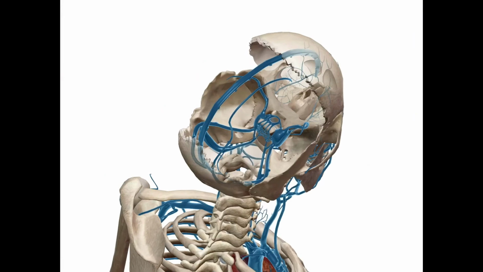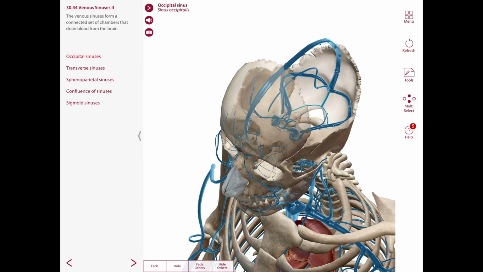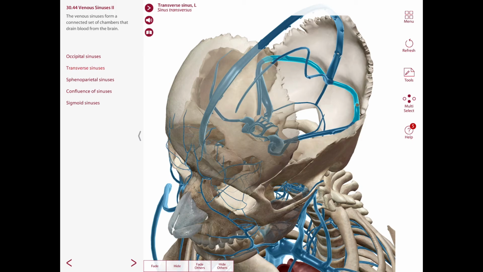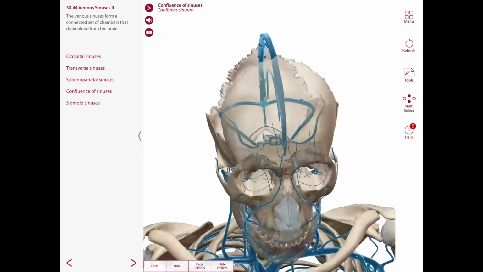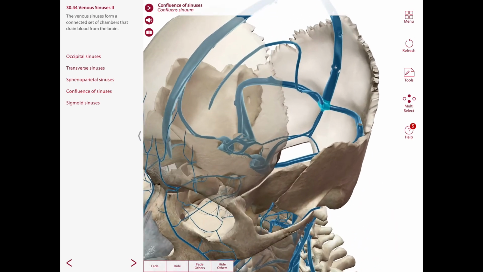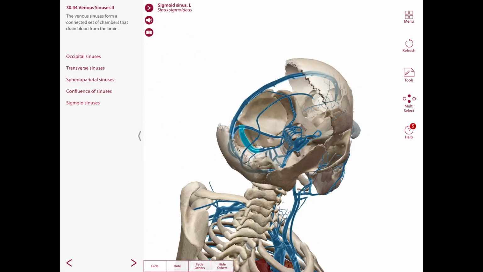We also have the occipital sinuses, the transverse sinuses, and we have other sinuses such as the sphenoparietal, the confluence of the sinuses, which is that area right there, and the sigmoid sinuses.